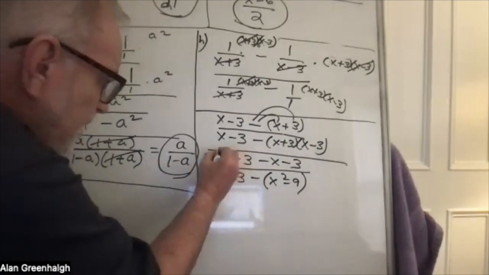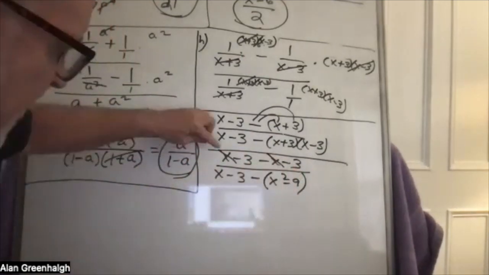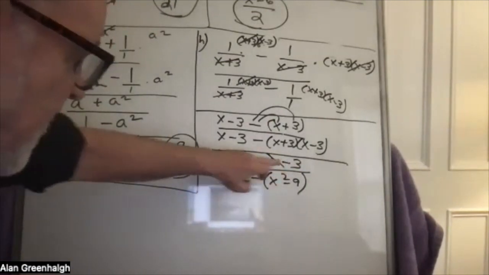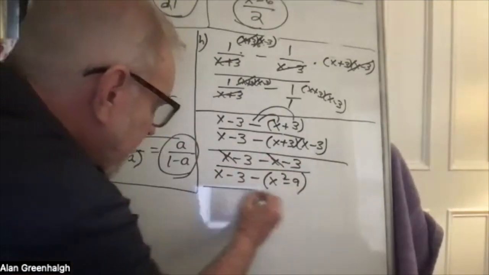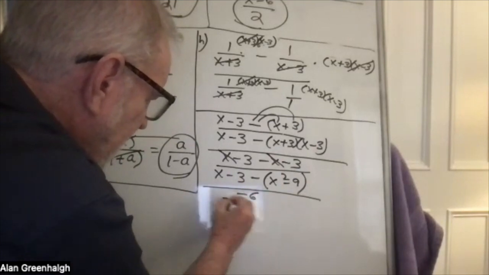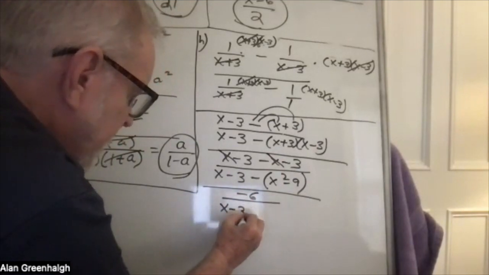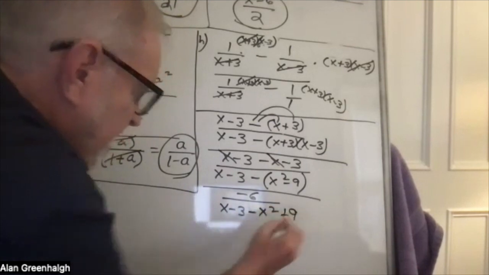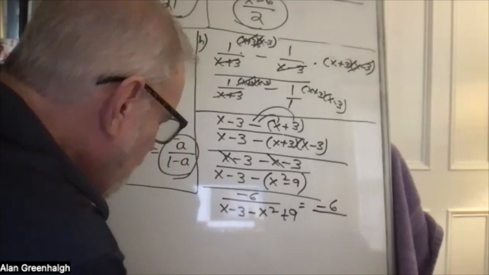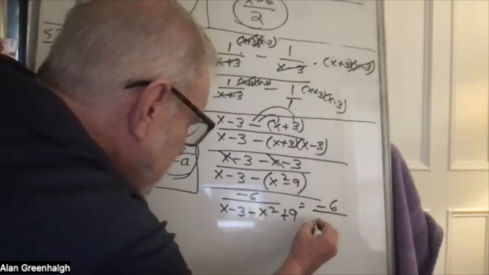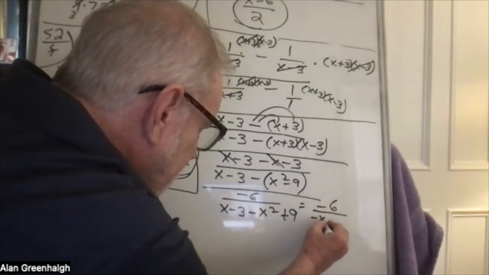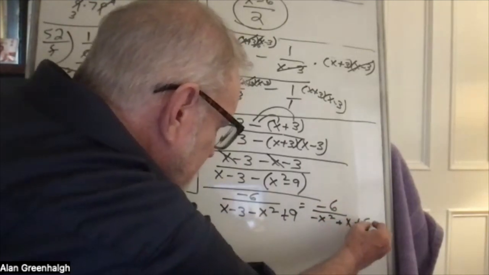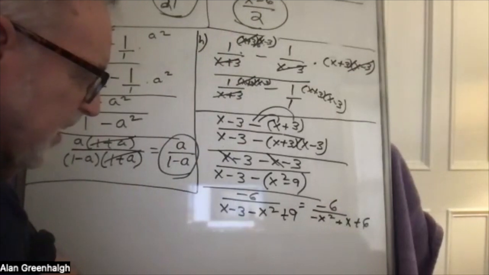And now the x's drop out because x minus x drops out. You're left with -6 in the numerator. And in the denominator, x minus 3 minus x squared plus 9. -6 over, if you put the negative x squared in front, plus x plus 6, it looks like that's the answer.